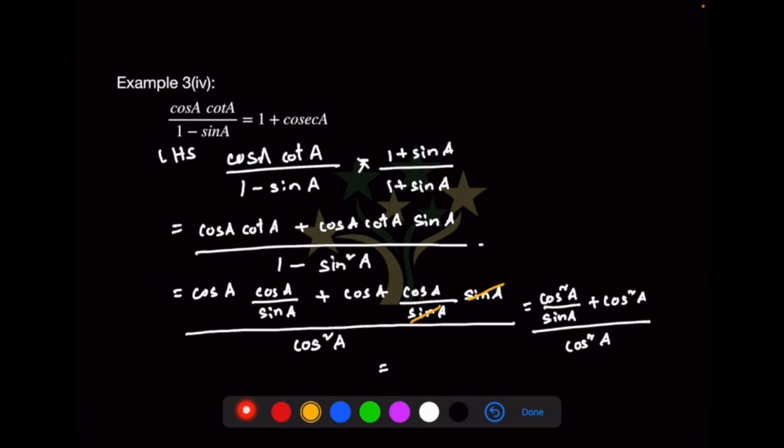If we separate this term and this term, what do we have? In the first term, cos square gets cancelled. We are left with 1 by sin A plus cos square A by cos square A. So this is cosec A plus 1. This is our RHS.